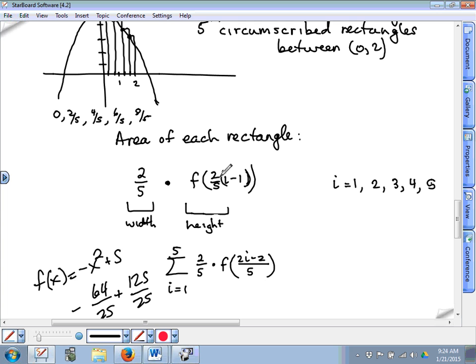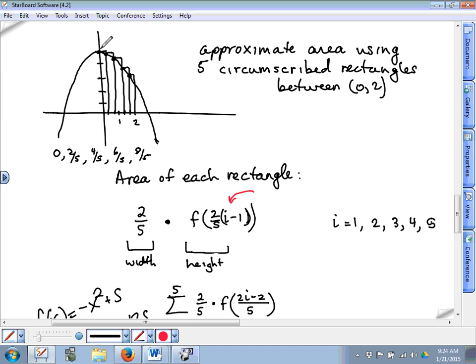Now, if we're evaluating a function, don't we have to have something to plug into the function? That's where this is. This is the input into each function. What's the first input that we're going to plug into the function? What's this quote-unquote x value right here? 0, right? But we're still using i equals 1, 2, 3, 4, and 5. Since there's 5 subintervals, we start with i equals 1, i equals 2.